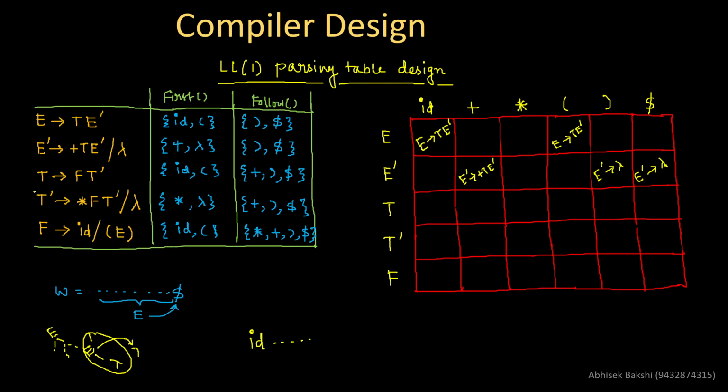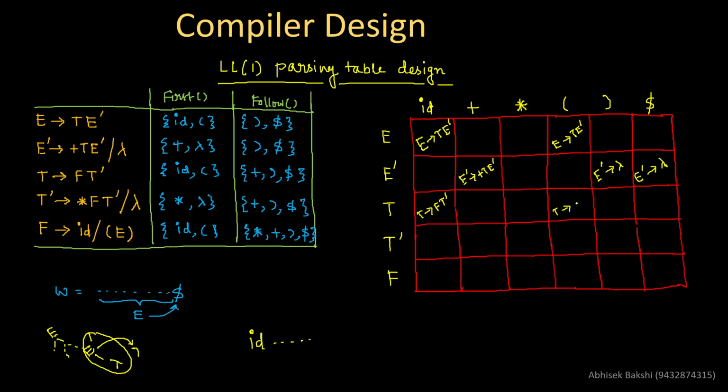Similarly, I think now you can understand where this T to FT dash you can write. Obviously, in the first of F, and first of F is ID and opening brace. So definitely T to FT dash you will write over here, somewhere here.